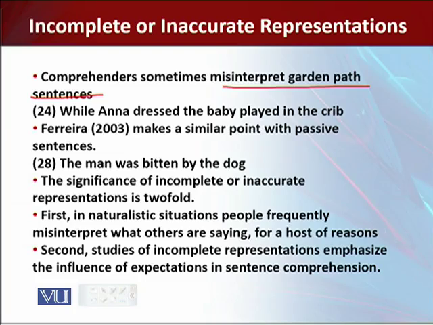At the start they convey a different meaning, and by the time you reach the end of the sentence, you come to know the actual meaning. Now, looking at this particular example: "While Anna dressed the baby played in the crib."